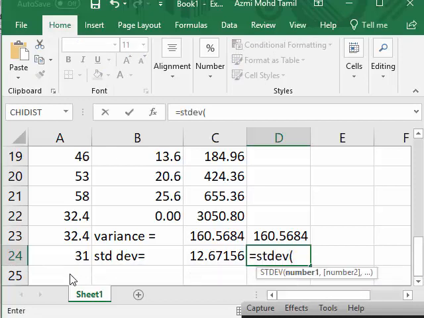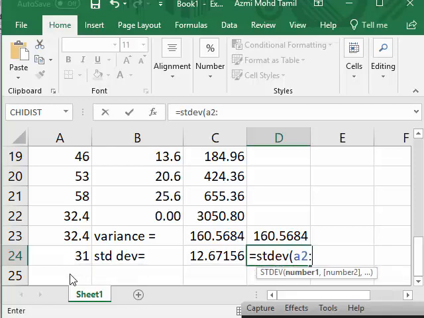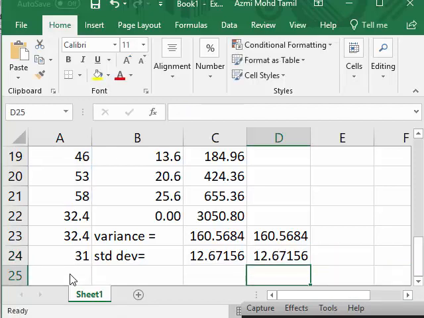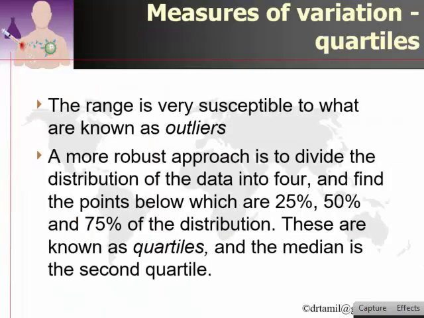Okay. Mana sampai mana? A2 until A21. We get the same value. Okay. So please take note, I'm not lying, I'm not bluffing. See, I got the same answer like Excel. Okay. And that is the difference between population standard deviation and sample standard deviation.